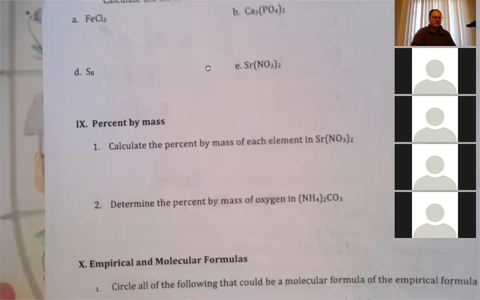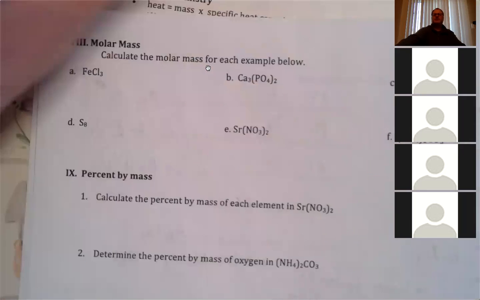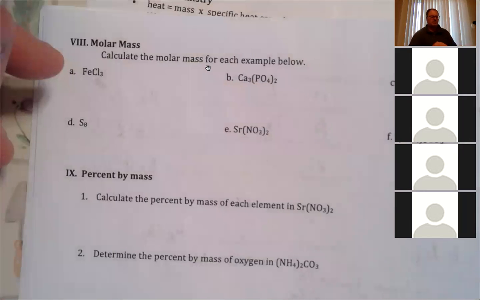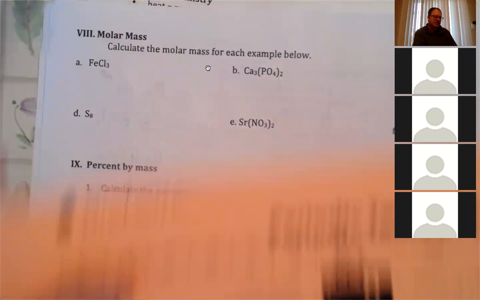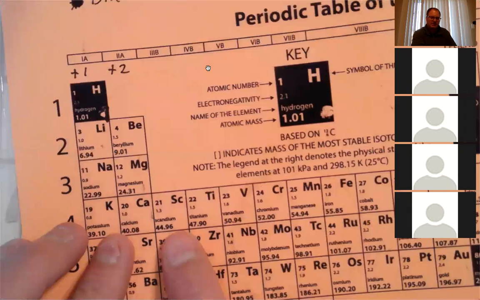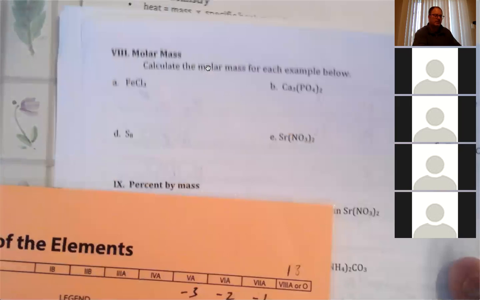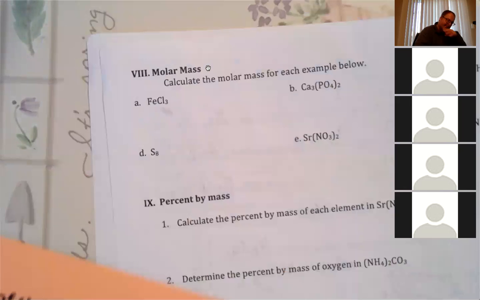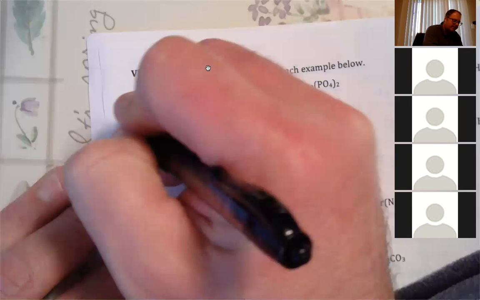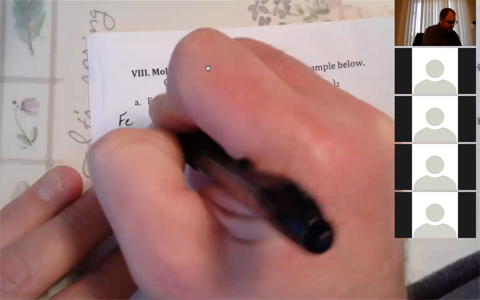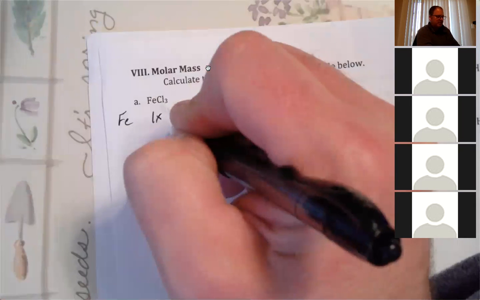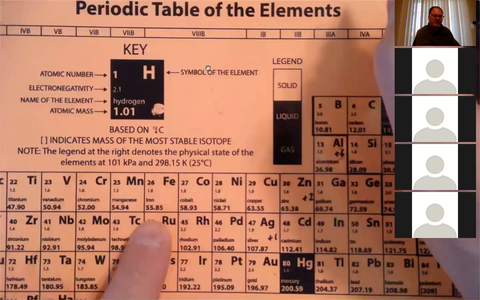For this section right here, we do need our periodic table of elements because we need to add up the molar mass. So these are what we call the atomic masses. If I have 1 mole of calcium, that's 40.08 grams of calcium. So here I have 1 iron and 3 chlorines. So for iron, we take 1 times 55.85.